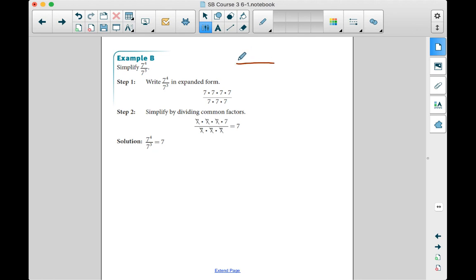Division is signified by a fraction bar, and that's how you'll often see division in 8th grade and in algebra. Fraction is the same thing as division. On the top of division, we have the numerator. That's important to know. And then on the bottom of division, we have the denominator. Okay, those are two important vocabulary terms to remember.